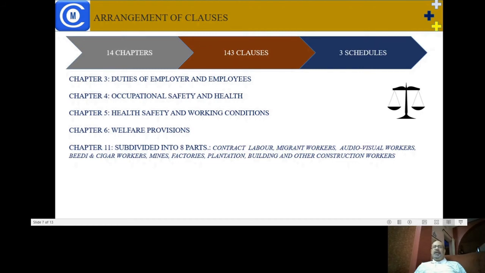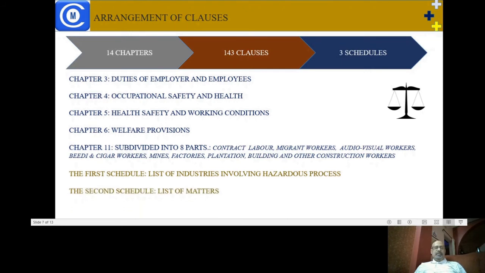So Chapter 11 has different parts, and in different parts they have addressed the requirements of sector specific working condition, health and safety conditions. The first schedule is the list of industries involving hazardous process. Then the second schedule is the list of matters which can be important or critical for safety and health. And the third schedule is the list of notifiable diseases.